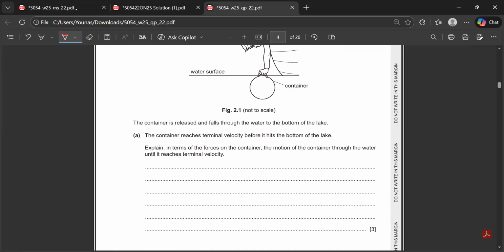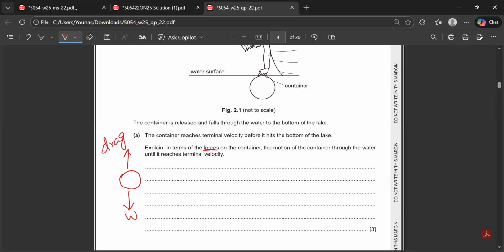Okay, so explain in terms of the forces on the container. You see, when the container is going downward, its weight is acting downward and the drag of the water will be acting upward. At the start, the drag will be less and the weight will be more.